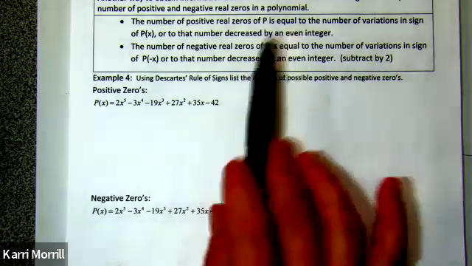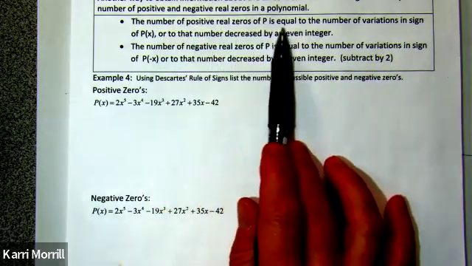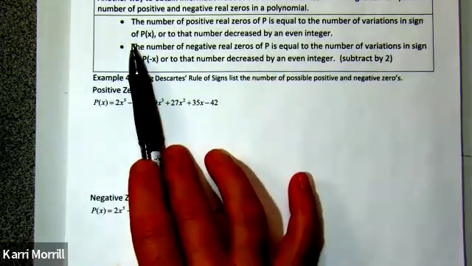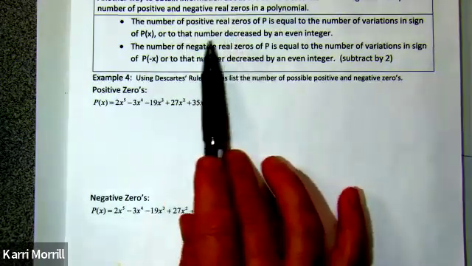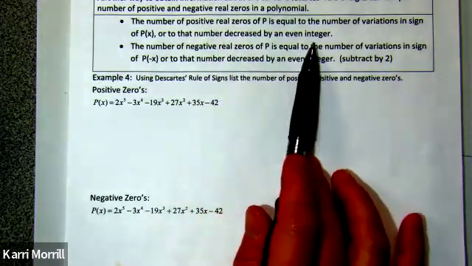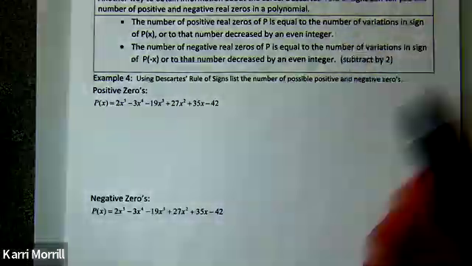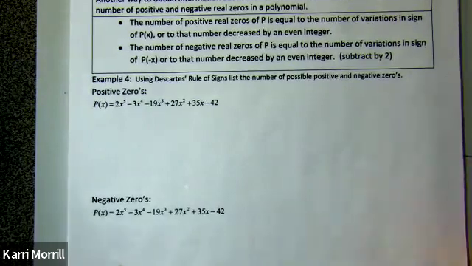That's what it means here by the number of positive real zeros of P is equal to the number of variations in sign, meaning the changes of the signs of P of x, or that number decreased by an even integer. So that just means if you can subtract it by 2, then you should subtract it by 2 until you can't anymore. So let's just apply this.